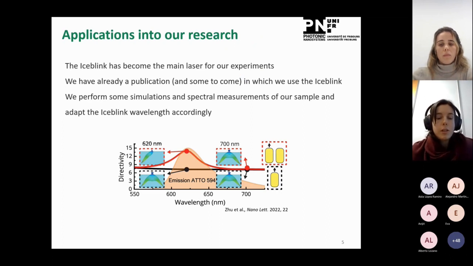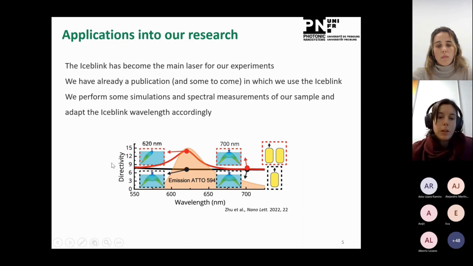I show here an example in which we have gold nanorods that we assemble together using DNA nanotechnology, as I was saying. Based on the size of the particles that we have and the geometrical constraints imposed by our DNA breadboard, we run some simulations.